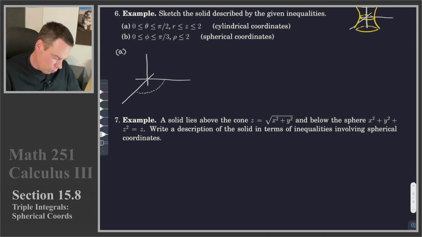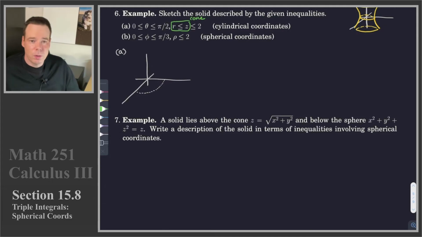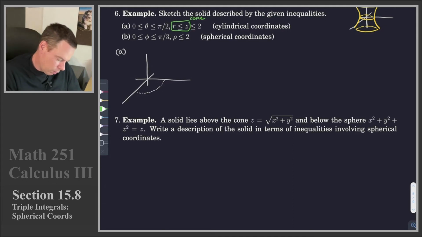What is z equals r? Well, that's a cone, right? Because r is the square root of x squared plus y squared. So this is really z equals the square root of x squared plus y squared, or a cone. And so our z value can go all the way up to 2.